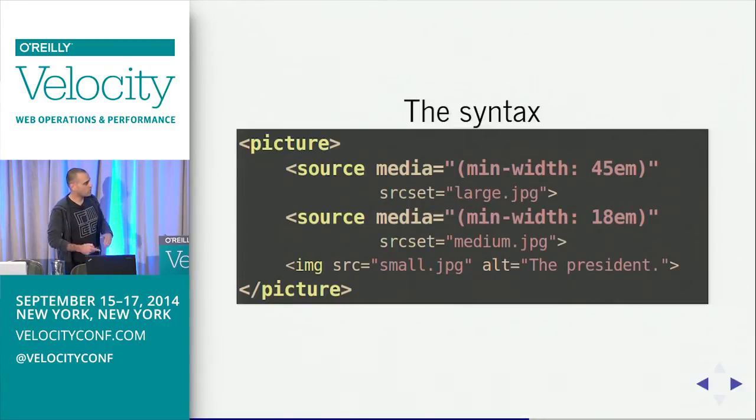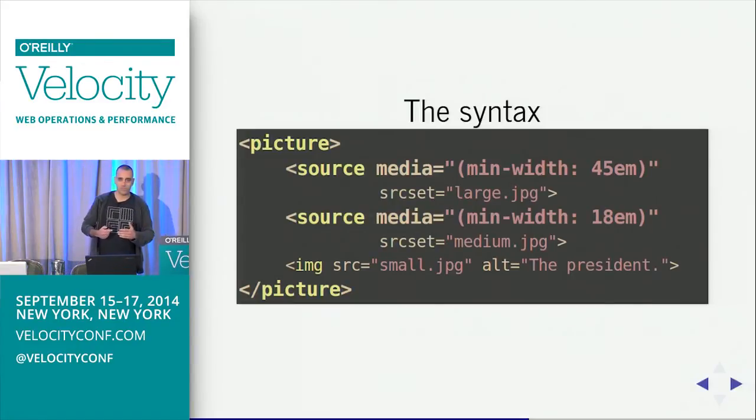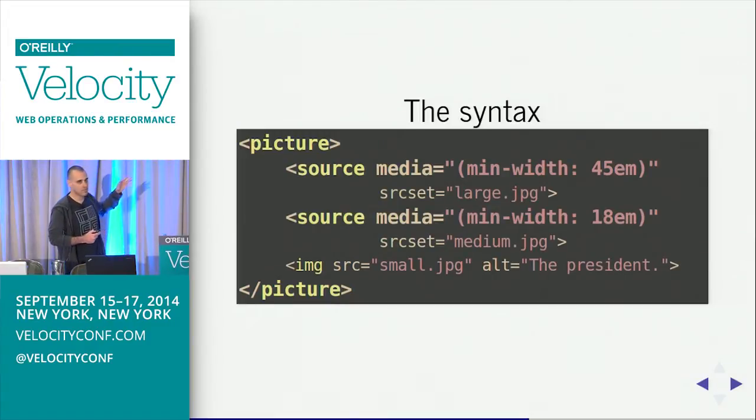And once the image is added to the DOM, in the process of selecting which resource to download, it looks up to see what its parent is. And if it has a picture parent, it just starts walking the source children of that parent and picks the first one that matches, where matching is defined by the media attribute.